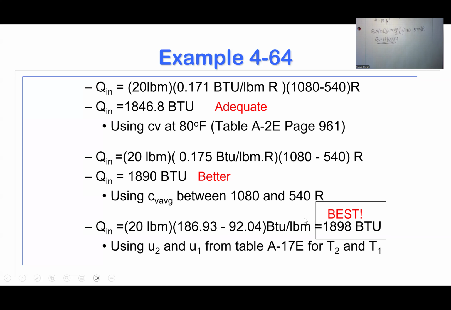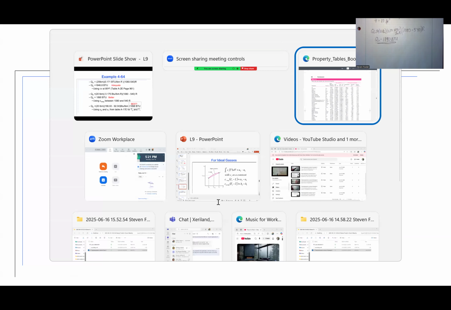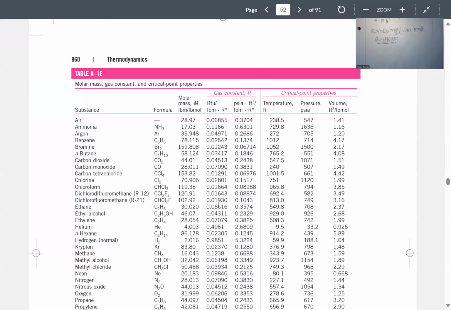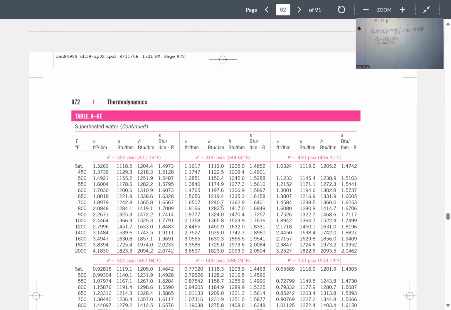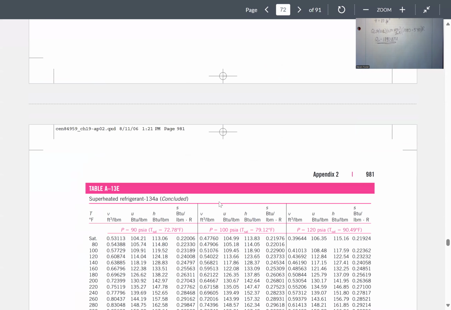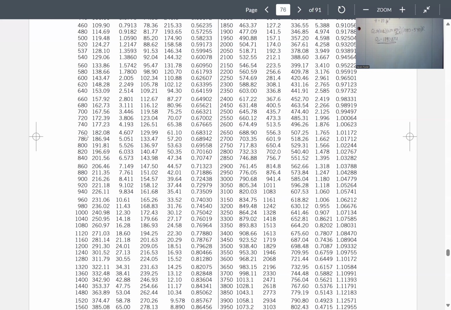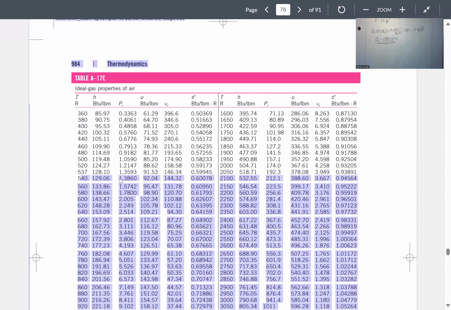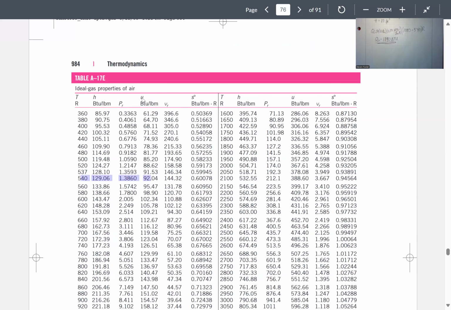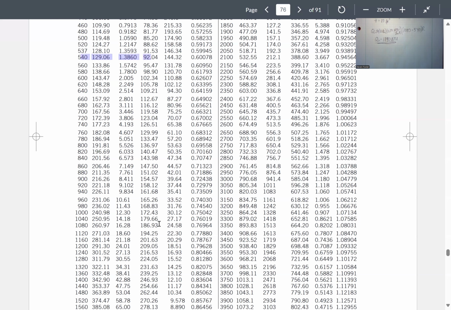If you go look at table A17 in the property tables, that's the first ideal gas table. So that's ideal gas properties of air. And you have temperature here at different Rankines. You got a row for 540, and so you got a U value right here of 92.04. And you can go down here and maybe we got a row for 1080. We do have a row for 1080.